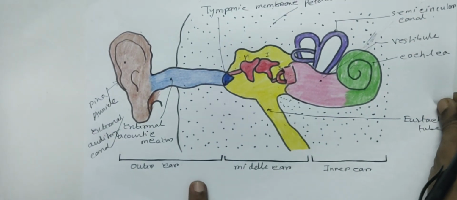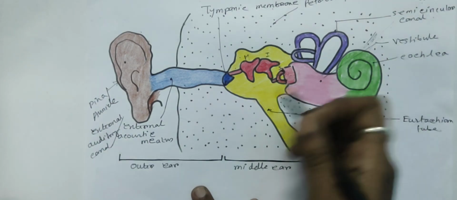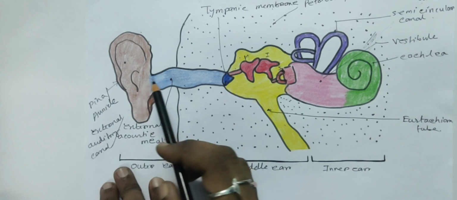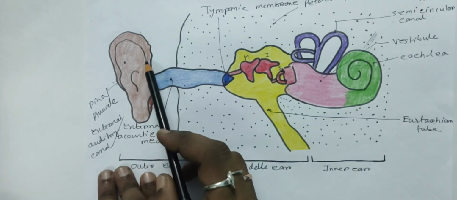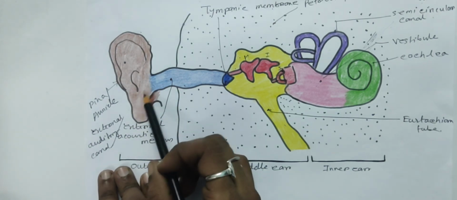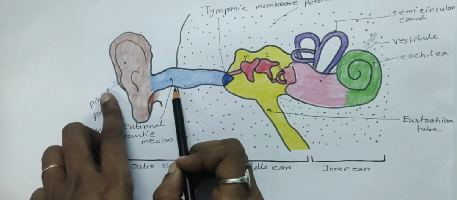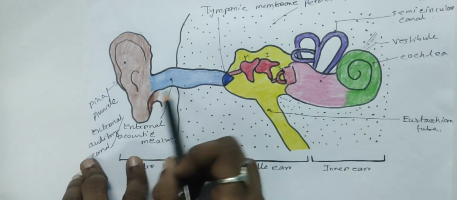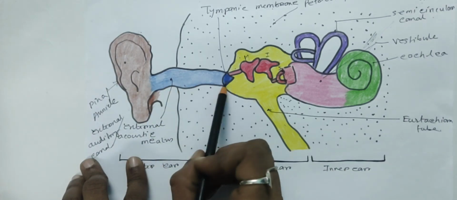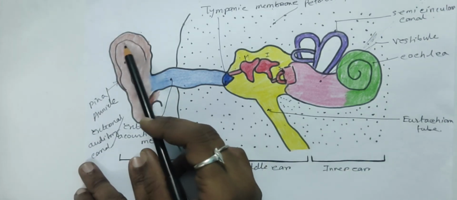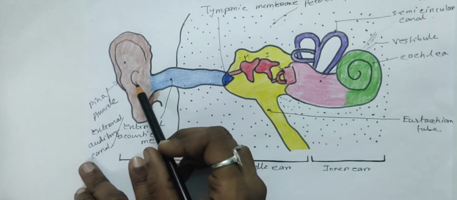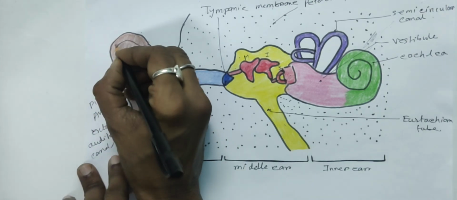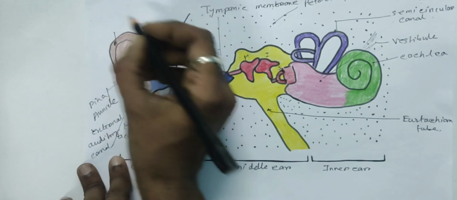Let's come to the outer ear first. It projects from the side of our head. This part is the visible part. The outer ear comprises two parts, the pinna and the auditory canal. First I am coming to the pinna, also called the auricle, and this part is made up of fibroelastic cartilage.